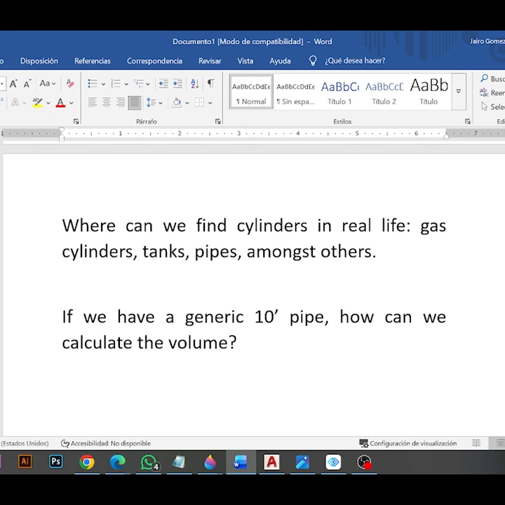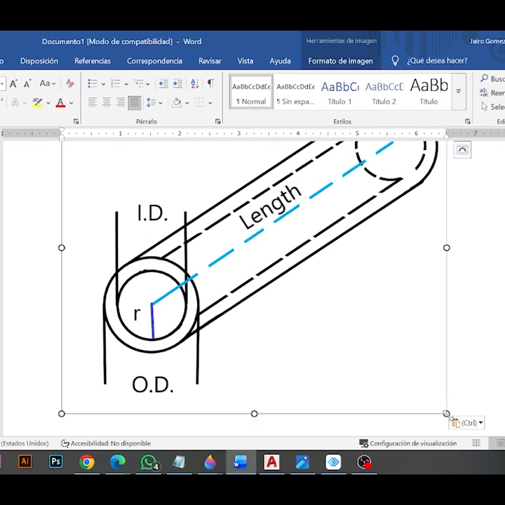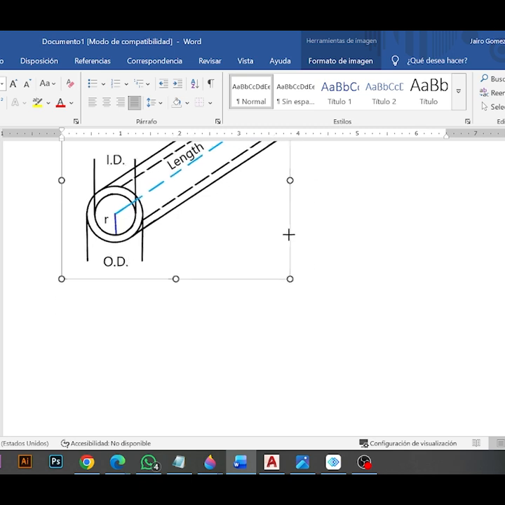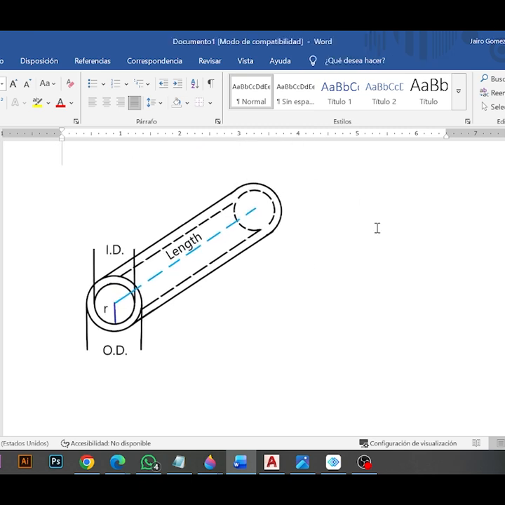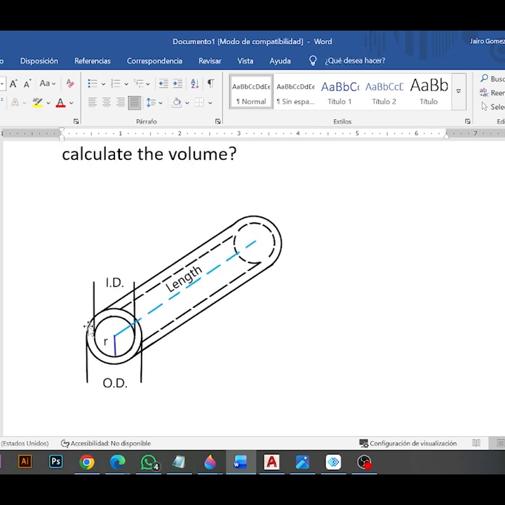Well, a pipe is a little bit different from a cylinder, but it's very similar as well. Because with a pipe, it's not just a one-stop shop. You have your inner diameter, your outer diameter, and your length. And so when we're calculating the volume, what we're interested in is the cylinder found on the inside of the pipe.